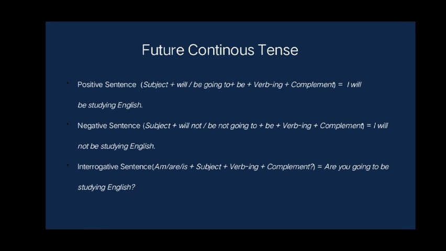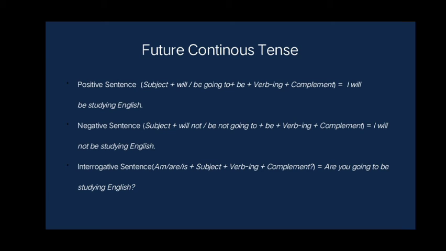Future continuous tense. It is used to show an action or situation that will occur at a certain time in the future. Like you can see, for the positive sentence, the formula is subject plus will or be going to plus be plus verb-ing plus complement. For example, I will be studying English.